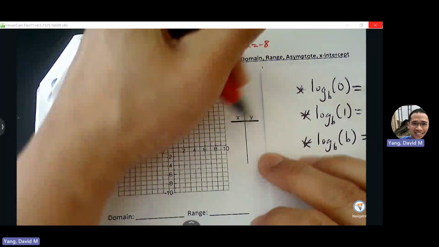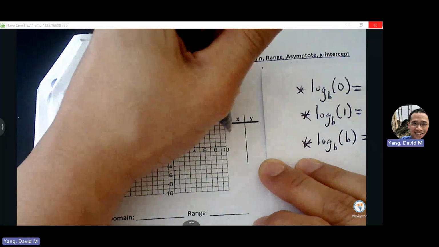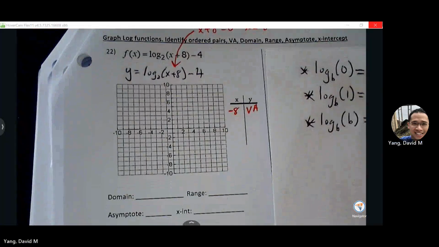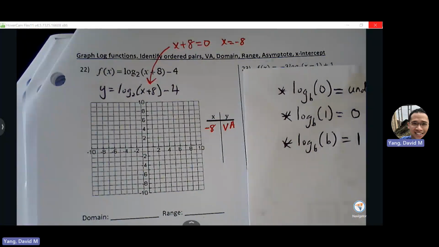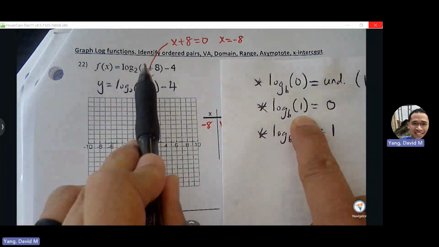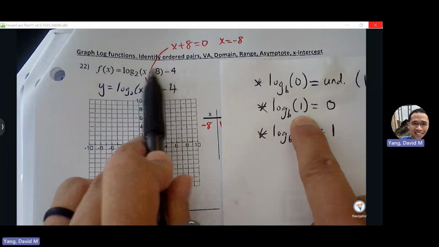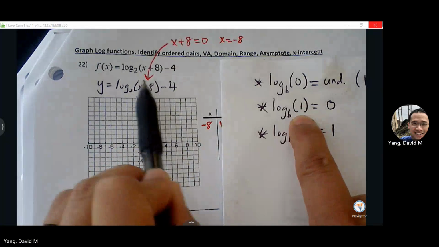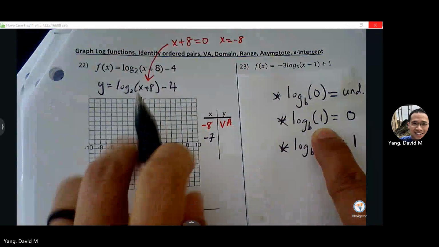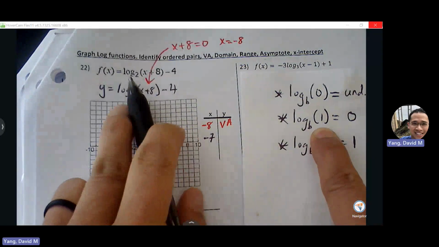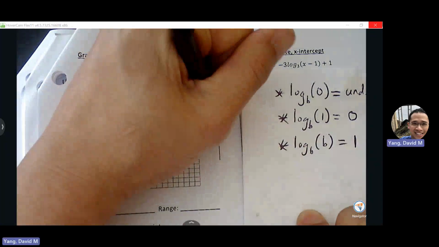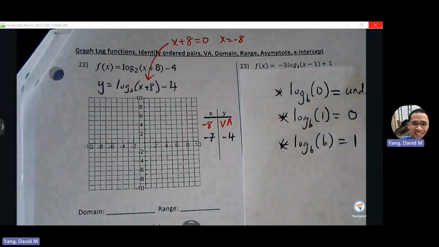So I know that at x equals -8, there must be a vertical asymptote there. Okay, next up, I want to take advantage of this property here. So what can I choose for x that will cause this to turn into a 1? -7, right? -7 plus 8 is 1. Log of 1 is 0. 0 minus 4 is -4. So there's your first ordered pair.